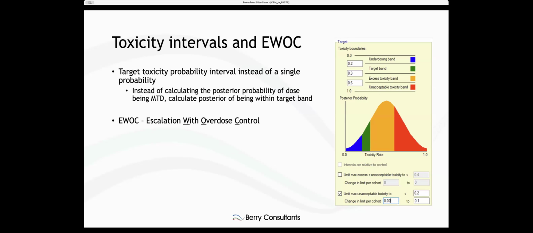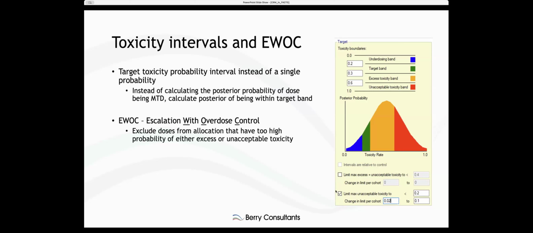And of course, how you set this is very specific to the trial at hand. But it could be very useful to specify additional rules to escalation, where you say you want to limit the probability to assign patients to doses where there's a substantial probability that it's within the excess toxicity band, or that it's within the unacceptable toxicity band. And that's exactly what escalation with overdose control is.